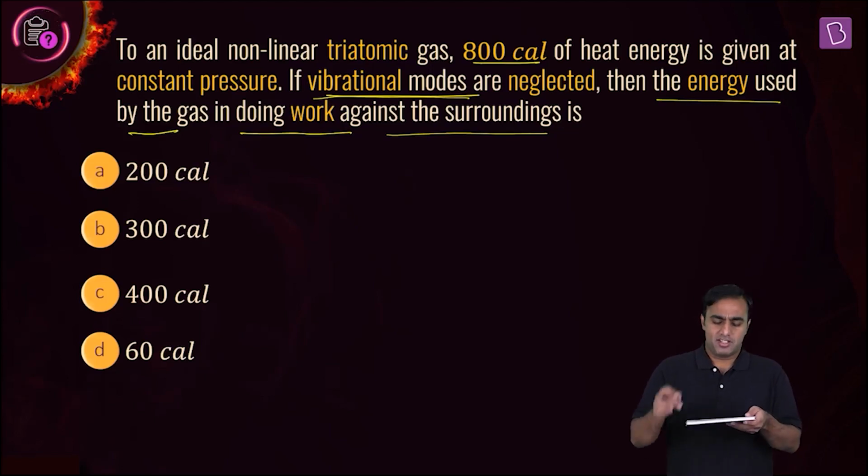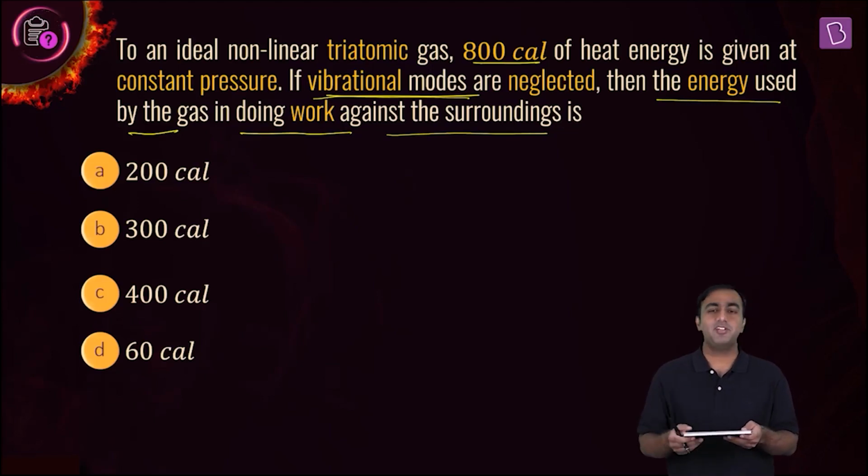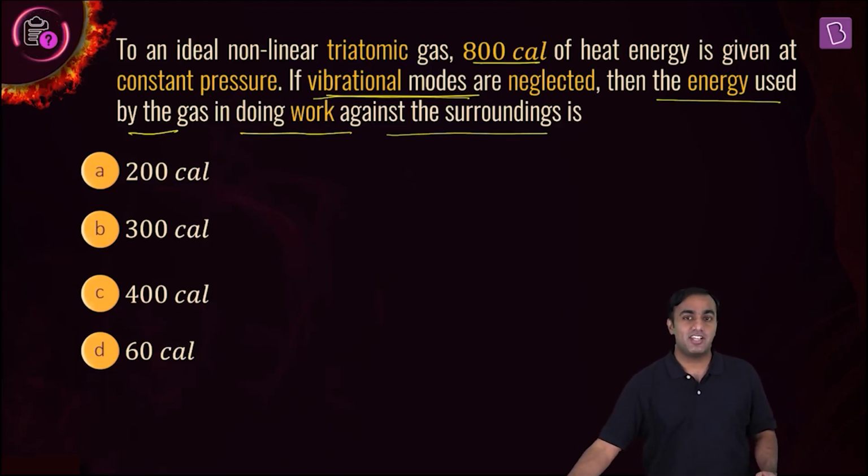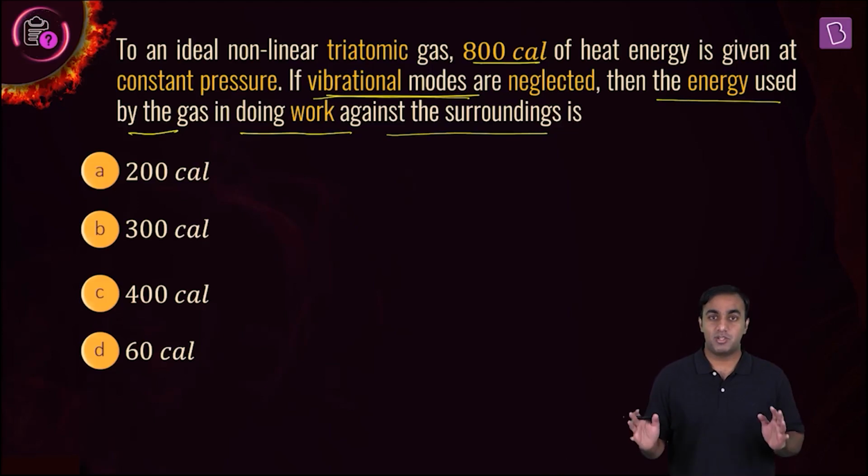If these 3 atoms constitute the non-linear triatomic molecule, then we have one rotational degree of freedom like this, about this axis, another like this, about this axis, another like this, about this axis. So put together 3 rotational degrees of freedom, and in total how many? 6.